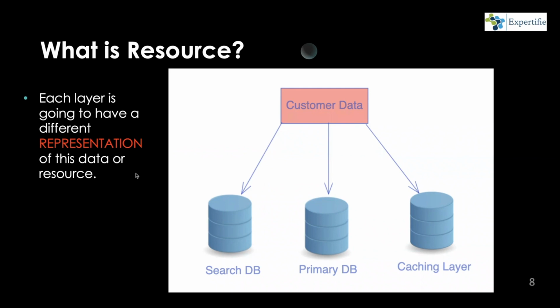So basically, in each layer we have data about the same resource, but the representation is different. In case of search DB, maybe JSON format. In the primary DB, let's say our primary DB is also a NoSQL, then there is a chance that our resource is also stored in JSON format. It depends on your underlying implementation.